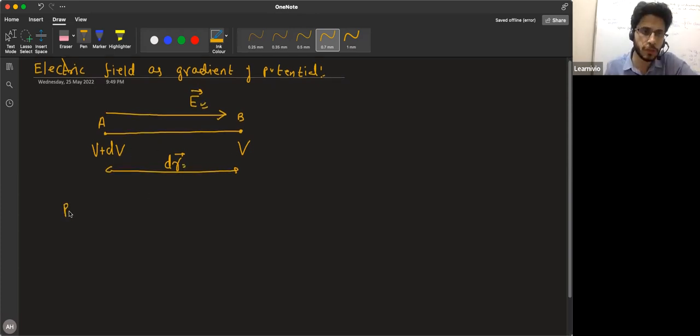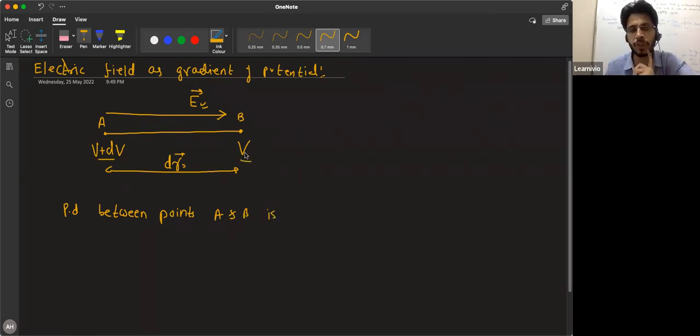So the potential difference between points A and B is, see, here potential is V plus dV, here potential is V. Minashi, what's the potential difference between A and B? dV, right?